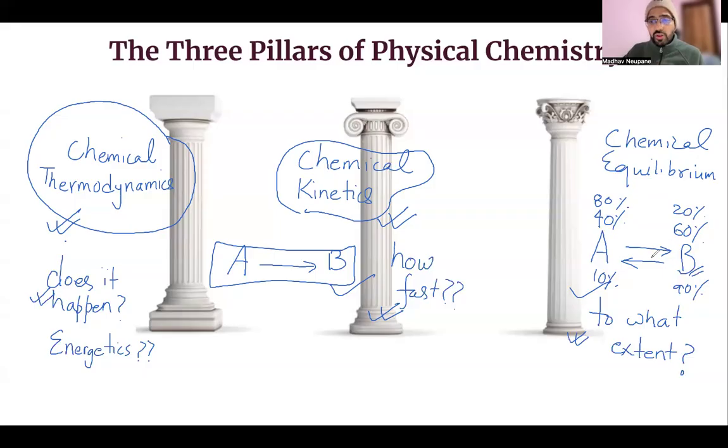So in this chapter, we are also going to deal with different factors, or how we can move the reaction more towards the product, how we can optimize the chemical yield of the reaction. You know, there's a principle called Le Chatelier's principle, and within that principle, we are going to talk about how to move the equilibrium to the right or to the left. But mostly we are interested in making more and more of B. That is the chemical yield, right?